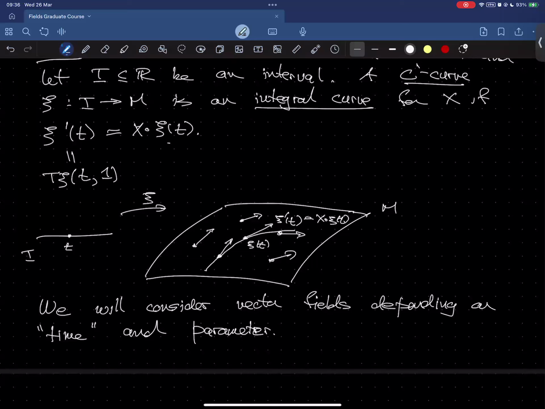So we're going to let I be an interval, and let's just say that P is a topological space for the time being.